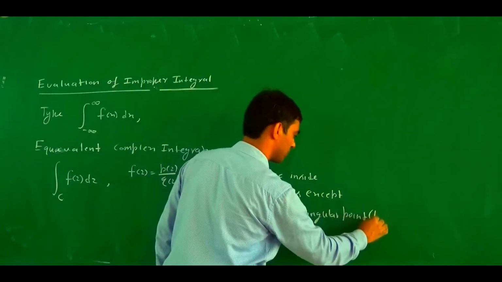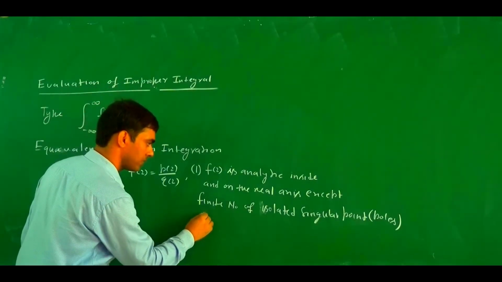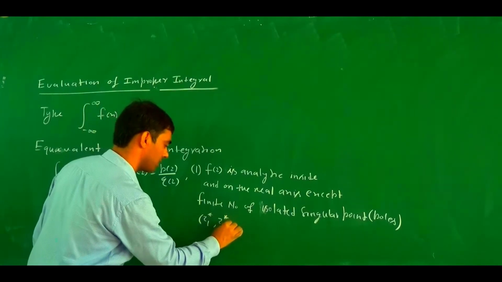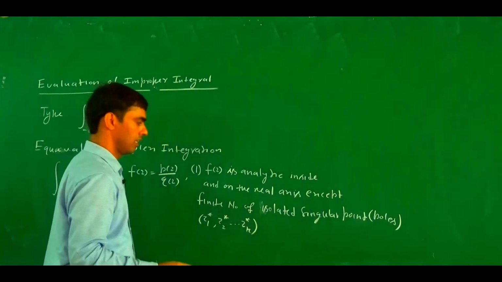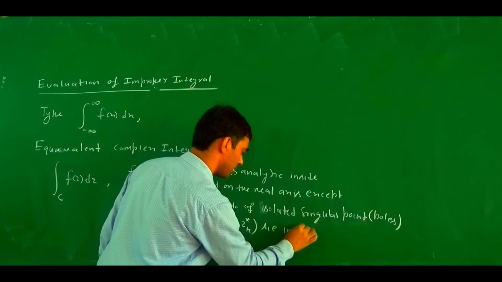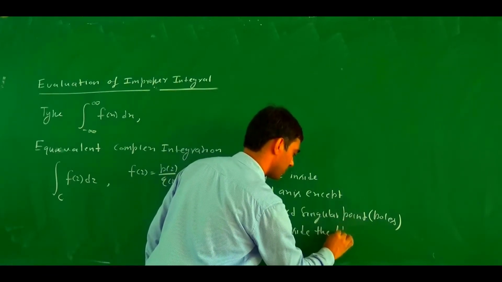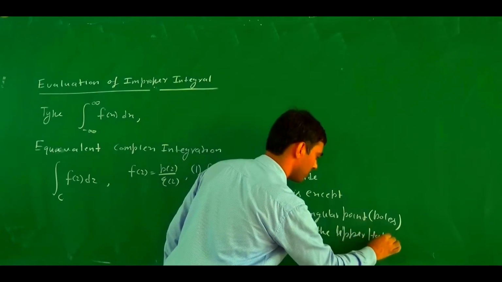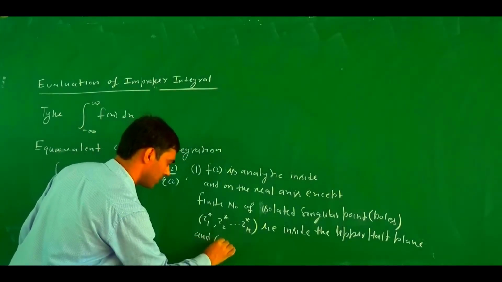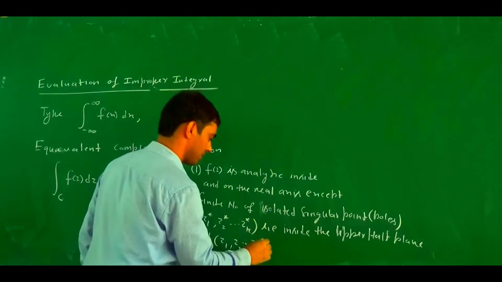And those singular points are what? Poles. Finite number of isolated singular points z1 star, z2 star up to zk star lie inside the upper half plane, and z1, z2 up to zm lie on the real axis.